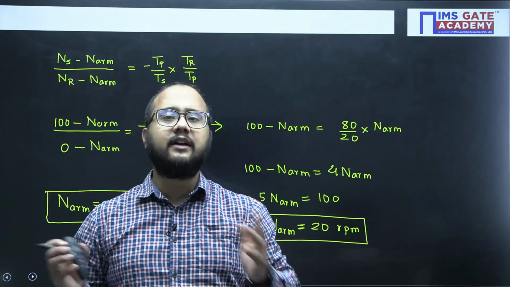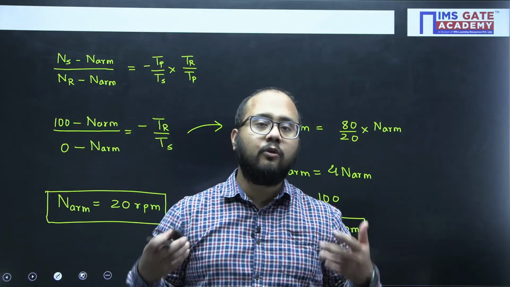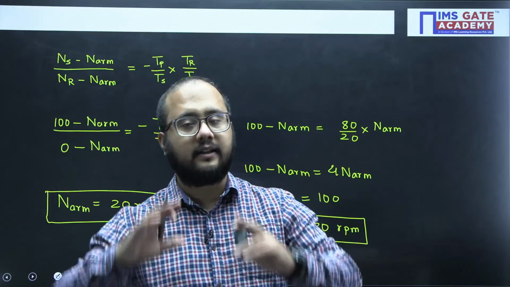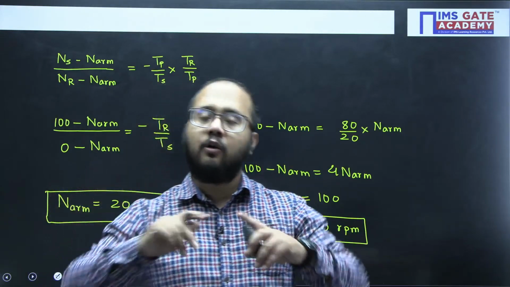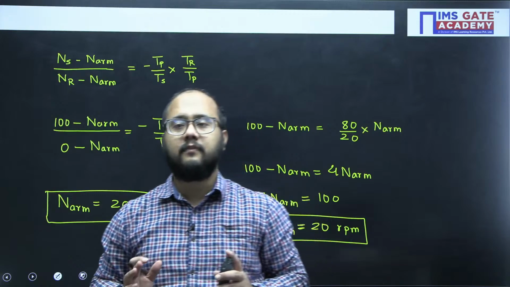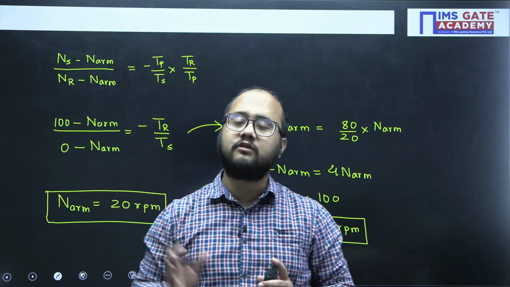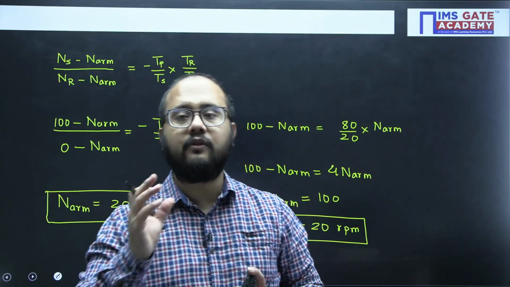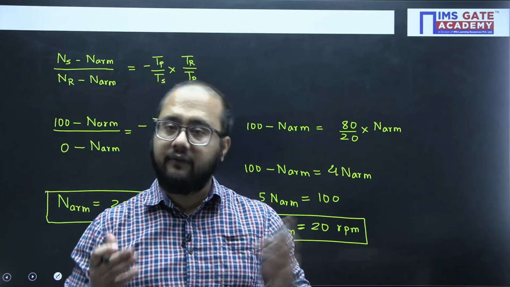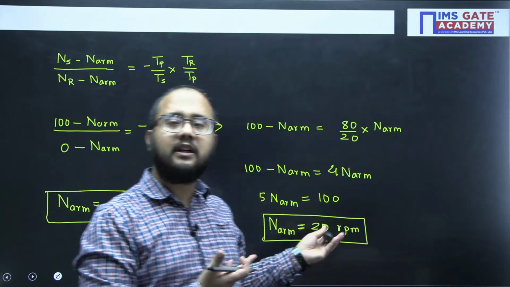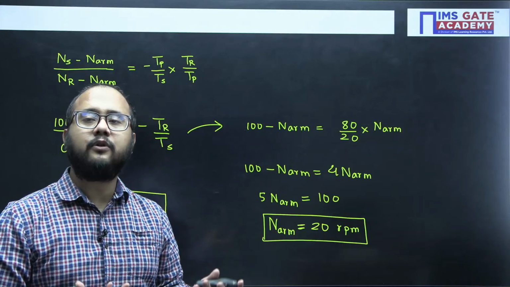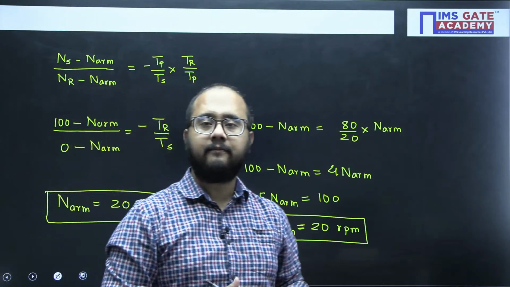We have discussed the conventional method also, but as I told you, if the gear train becomes big, the whole process becomes complex and more time consuming also. That's why we use the relative velocity method, and we have seen that with that method we will save time. So we should use this one.